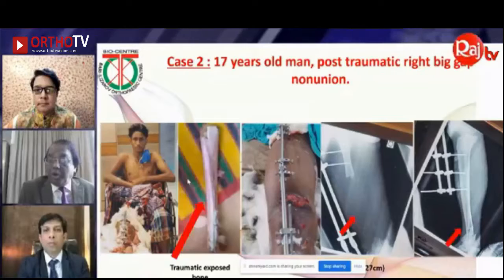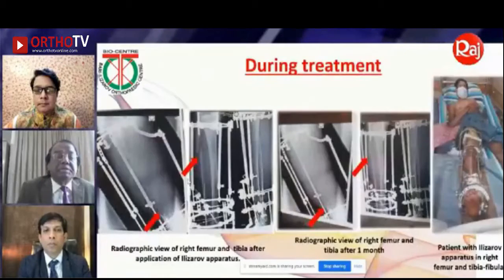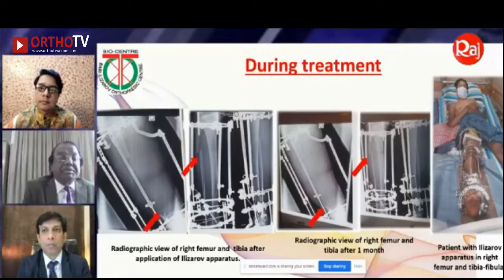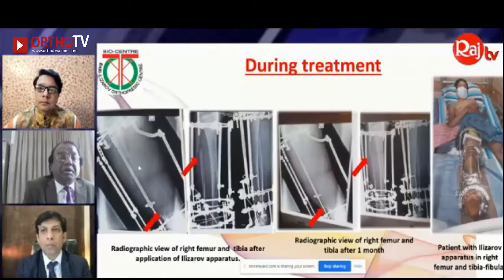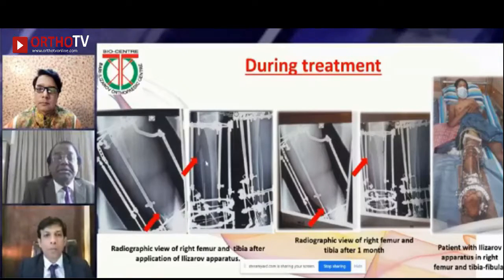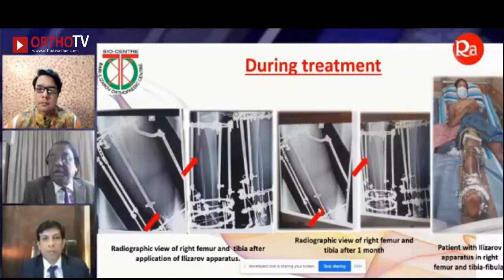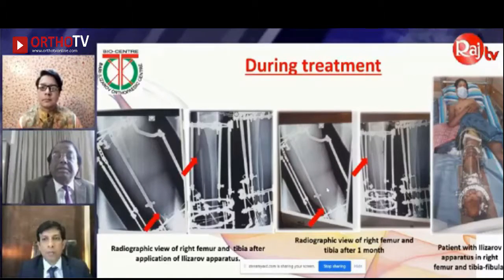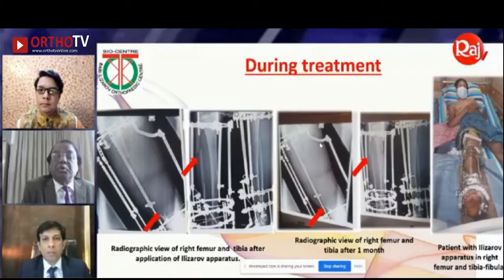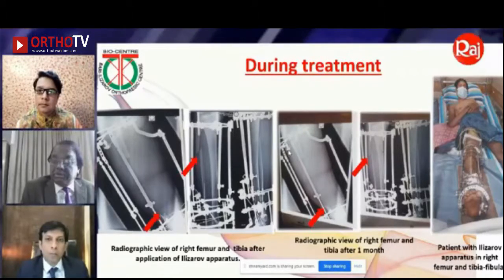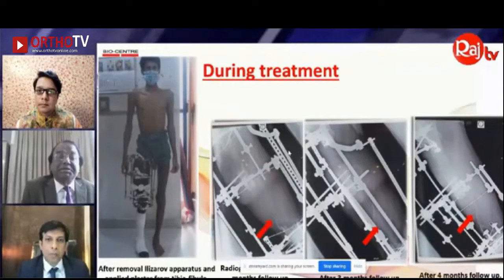17 years old boy. Now look what I have done. Next year with Ilizarov, telescopic rod, and then here in tibia, the same sitting, I corrected the tibia in the same sitting. Look, and this is the big gap with oblique arch support with here arch. And then look at this here.